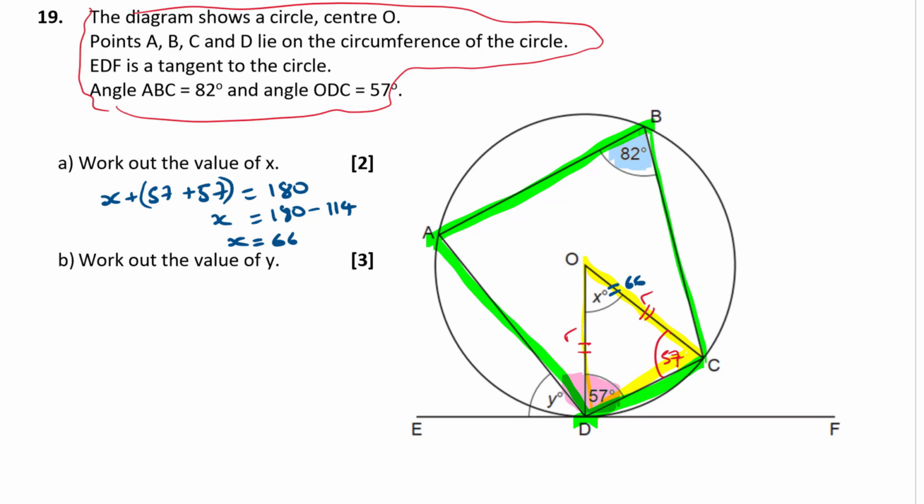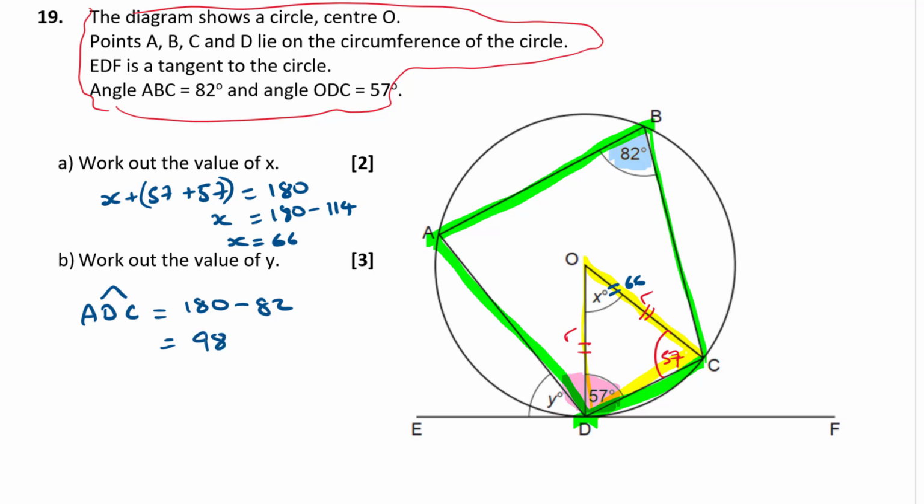So what would that be? So that's ADC, isn't it? So angle ADC is going to be 180 minus 82, because they're opposite angles in a cyclic quadrilateral. So that makes it, what's that? 180 minus 82, that's 98.